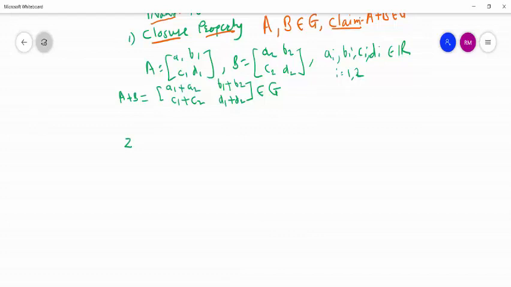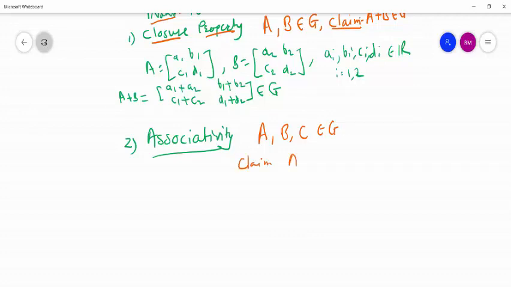What is the next property? First is closure, second is associative property or associativity. What is the associative property? If there are three elements in G, namely A, B, C belong to G, then our claim is it satisfies the associative property.